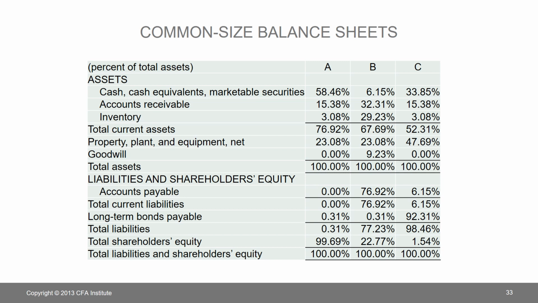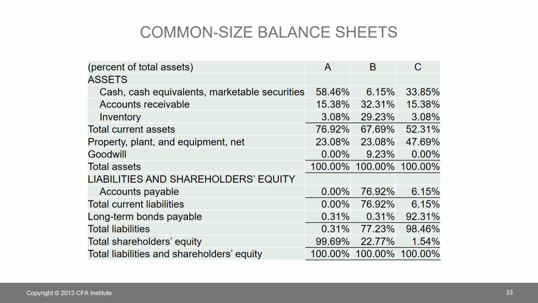Company C, on the other hand, is also more liquid than company B. It holds more than 30% of its total assets in cash and short-term marketable securities, and its current liabilities are only 6.2% of the amount of total assets. Now, the composition of current assets affects the assessment of liquidity.